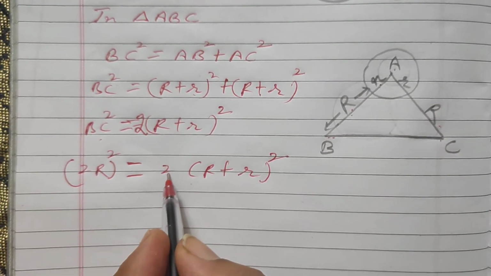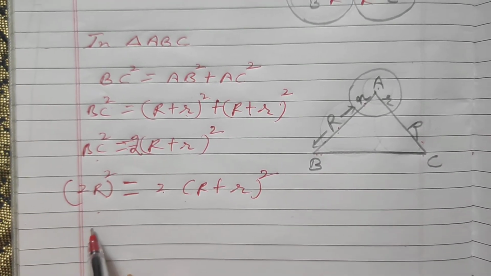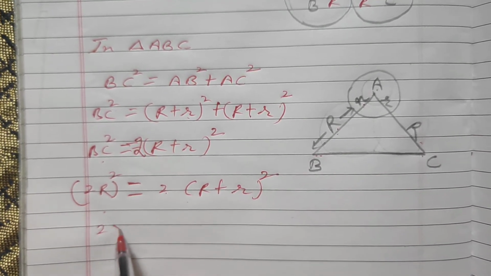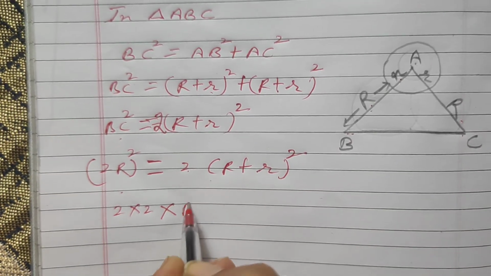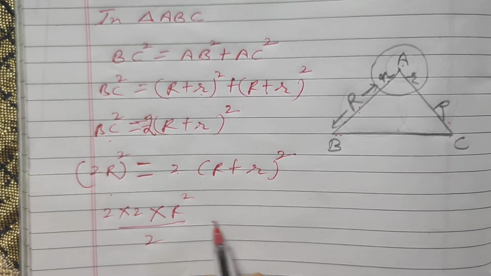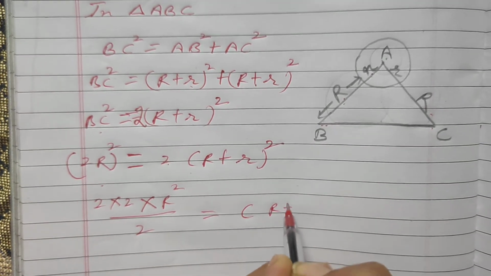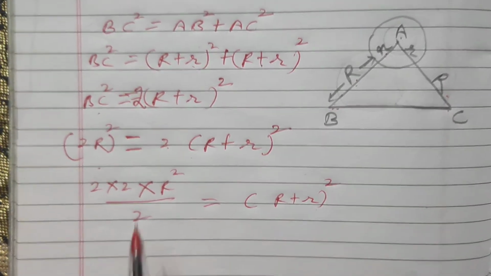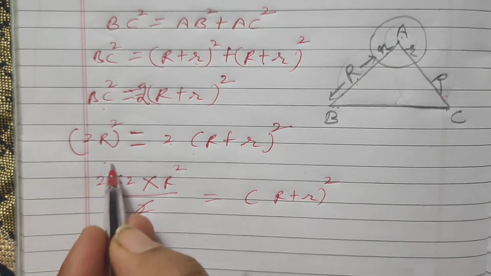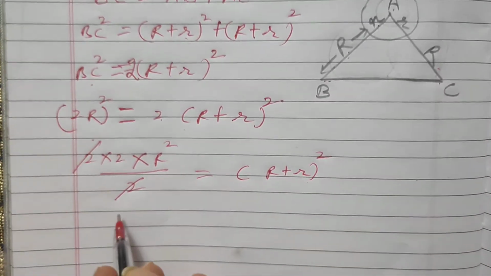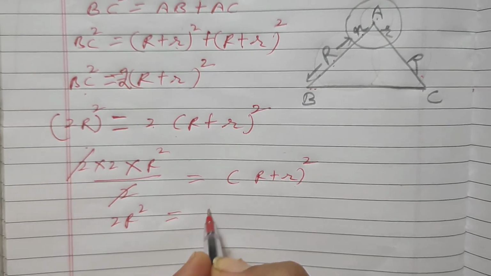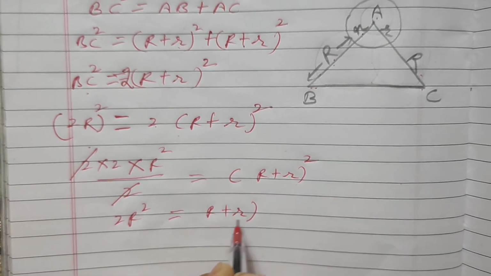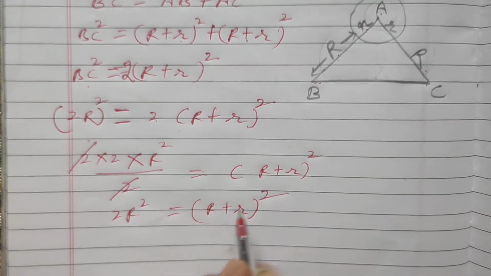So you can take 2 on this side, and this 2 will be cancelled. We are left with 2R square is equal to (r plus R) square.